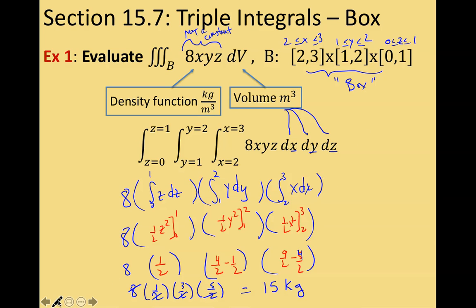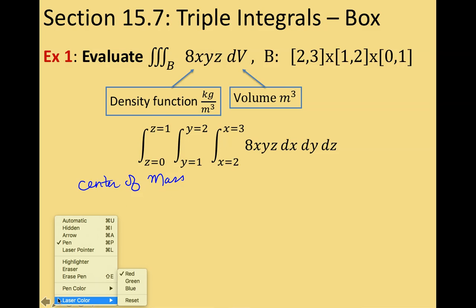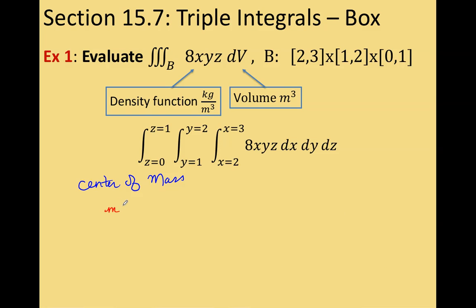And hey, if we are talking mass and density, you know what else is coming, right? What do you think the center of mass formula then looks like? Well, hello, you just did it, right? It's just your density function is x, y, and z dv. So what is x bar, y bar, and z bar going to be?